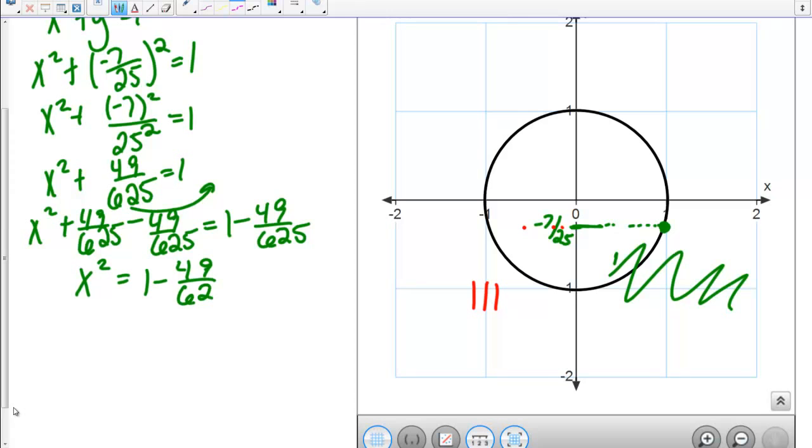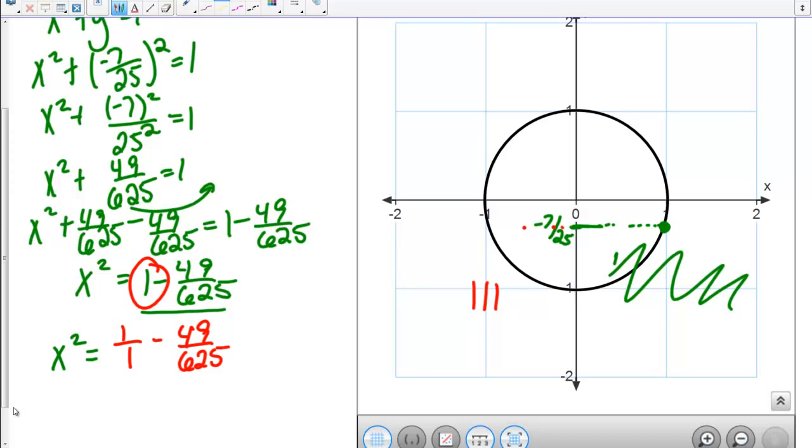over 625. We need to combine the 1 and the 49 over 625, but we do not have a common denominator. So we need to get ourselves a common denominator of 625. So x squared equals, and remember this 1 right here? We can think of this as 1 over 1 minus 49 over 625.